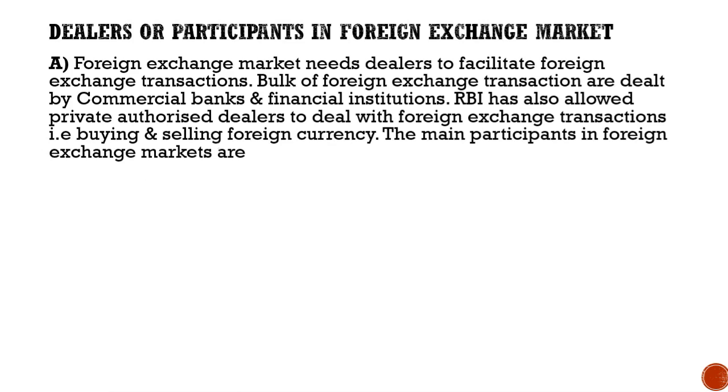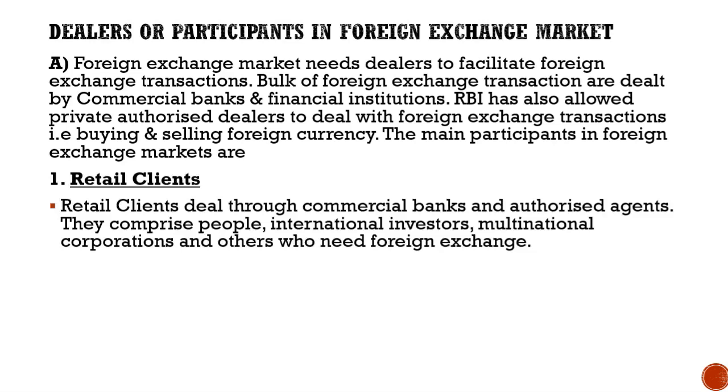So the main participants in foreign exchange markets are, number one, the retail clients. The retail clients basically deal through commercial banks and authorized agents. They comprise people, international investors, multinational corporations and others who need foreign exchange. So basically they're individual people, or they can be companies or investors who require foreign exchange.